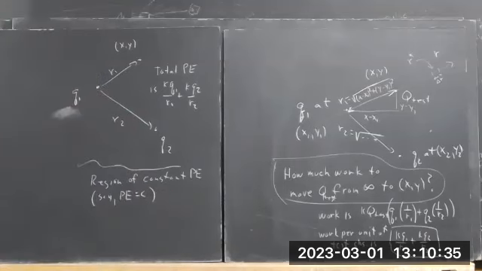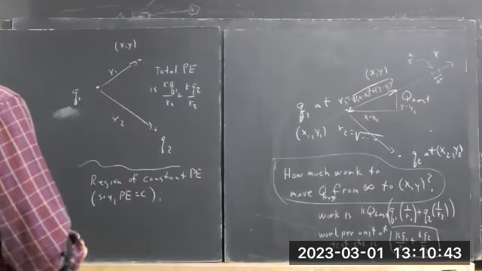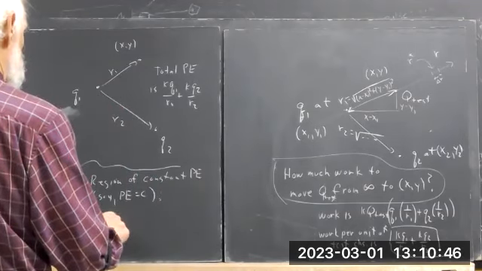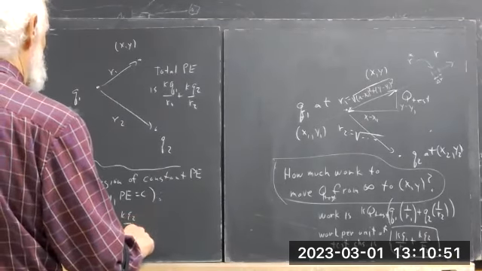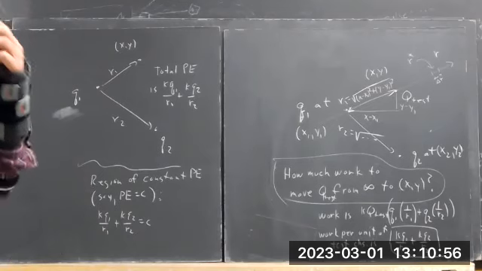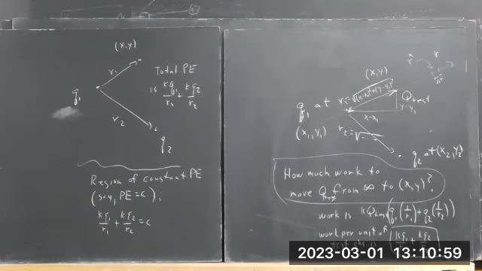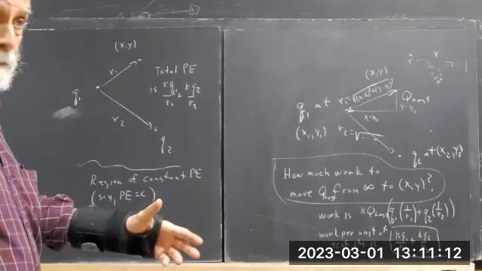If the potential energy equals C, what's the region of constant potential energy? Well, KQ1 over R1 plus KQ2 over R2 equals C. If you solve this equation in coordinates, you're going to get a curve in 2 dimensions.